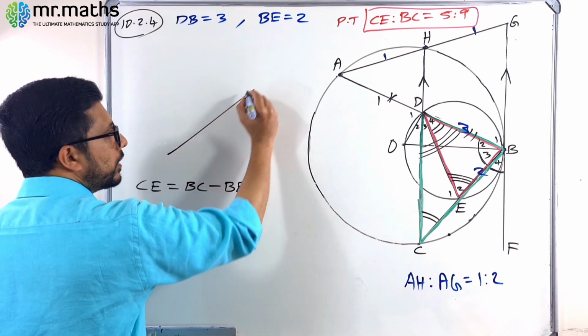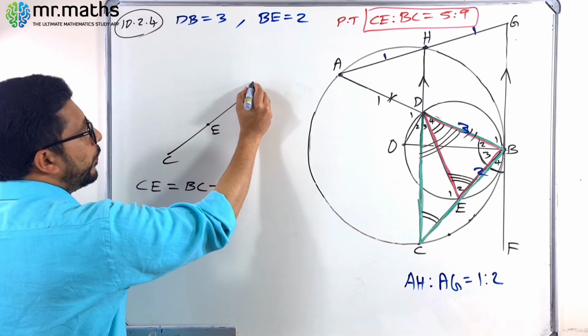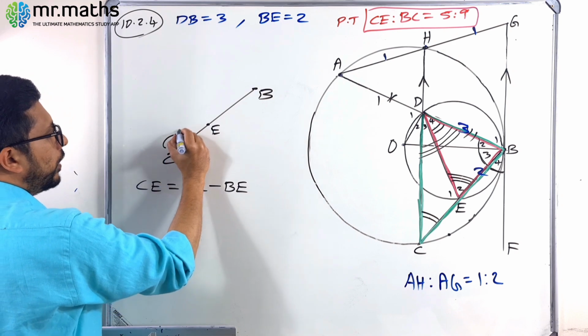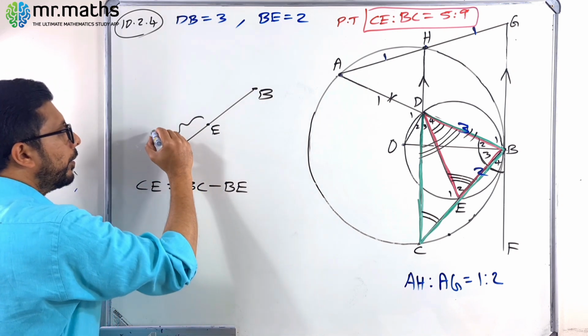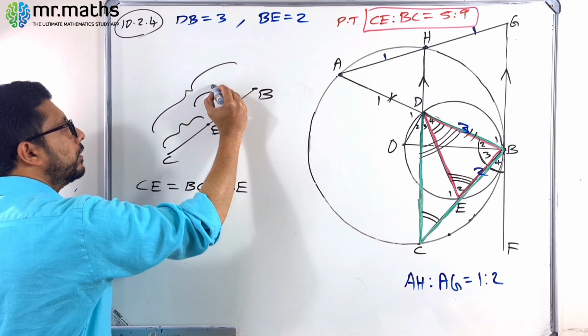Look at this one: this is the line C, E and B. To find this length CE, it is enough to find BC, the total length, minus this length.